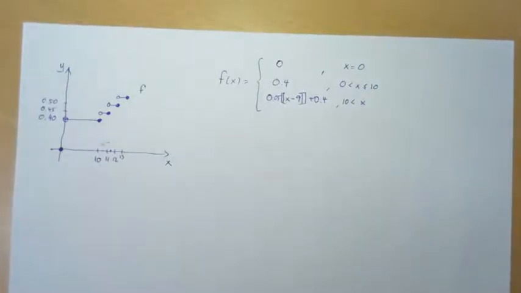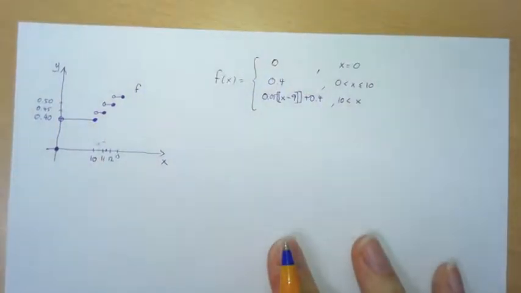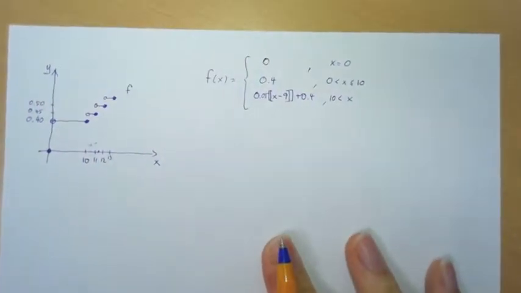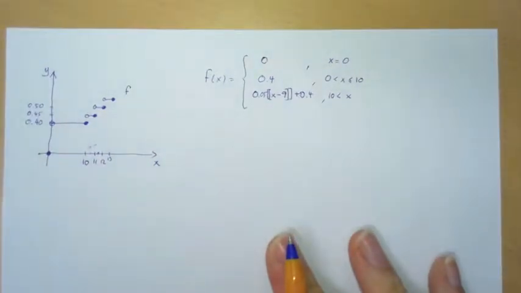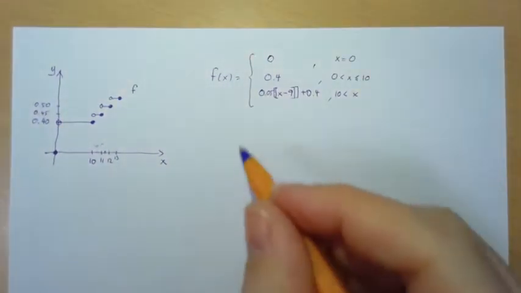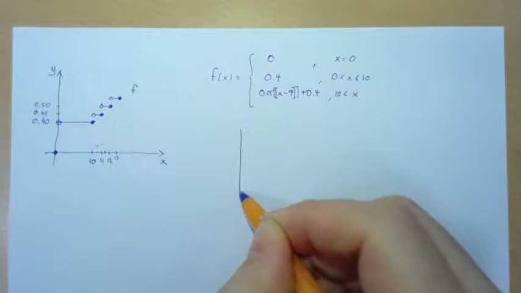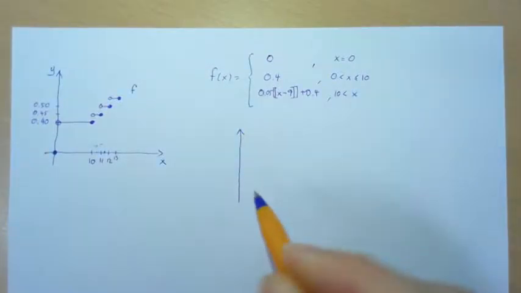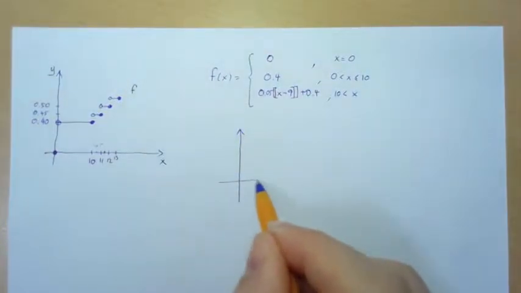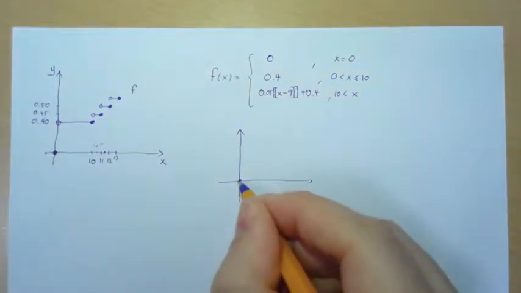Now, the reality is this answer is not quite correct. If you manage to see why, then really congratulations. This is the reason. The greatest integer function actually looks like this.